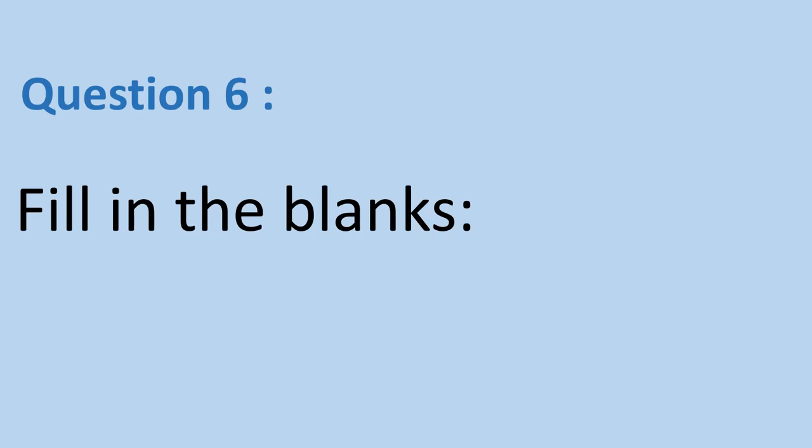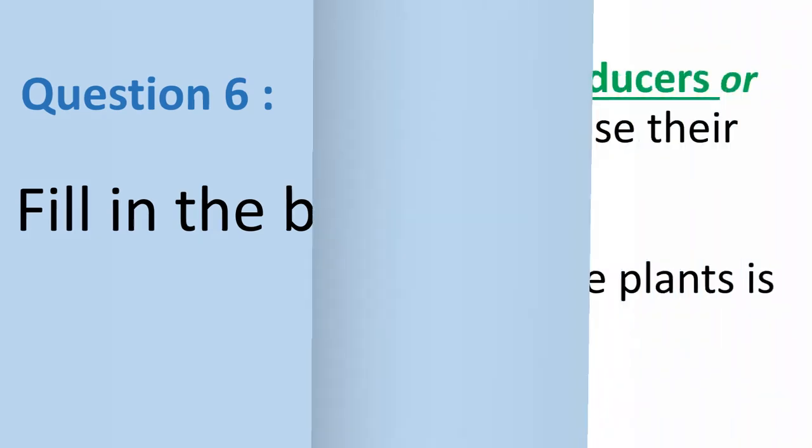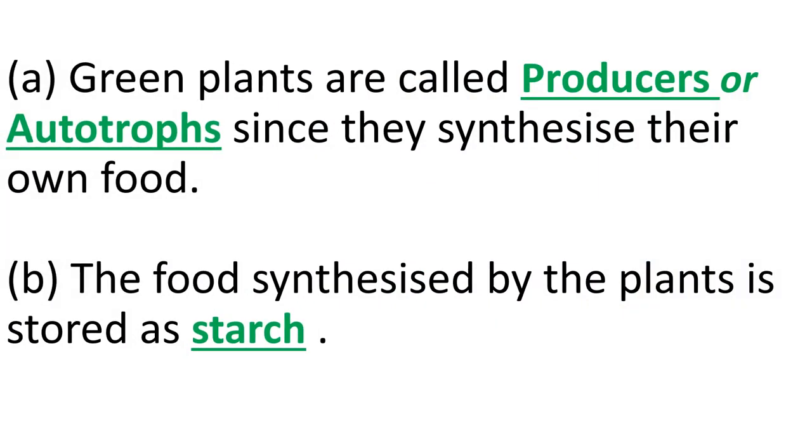Question number 6. Fill in the blanks. A. Green plants are called producers or autotrophs since they synthesize their own food. B. The food synthesized by the plants is stored as starch.